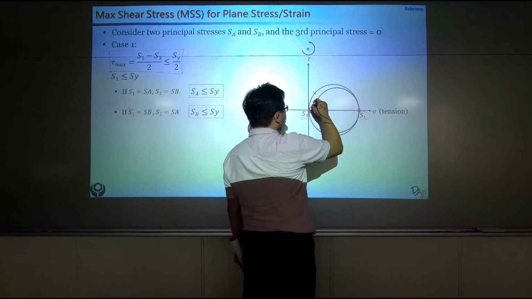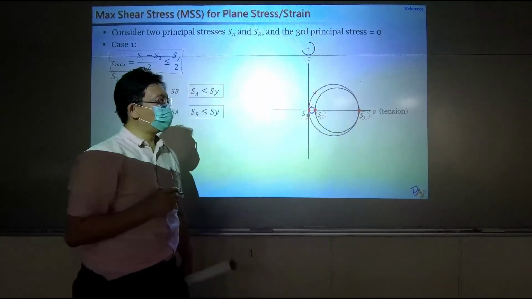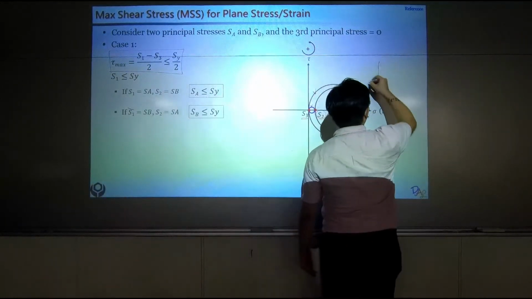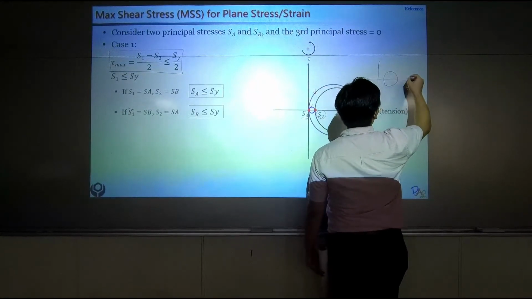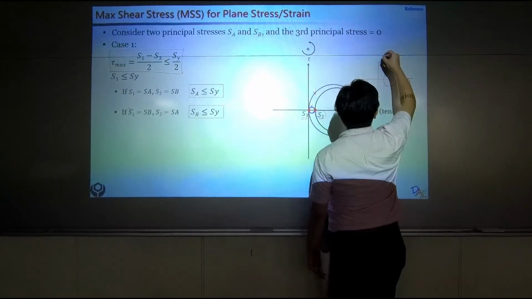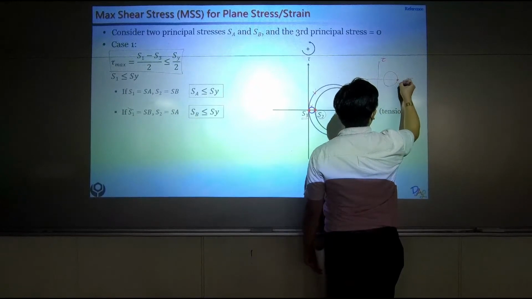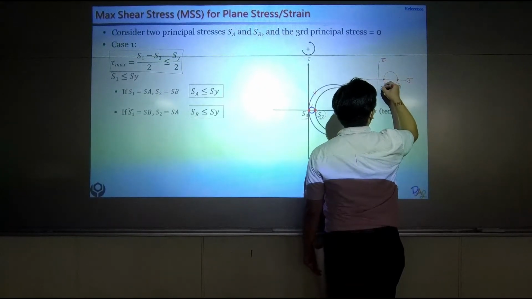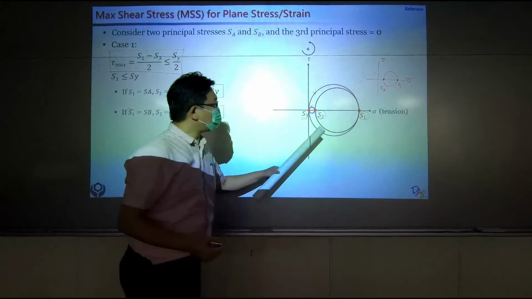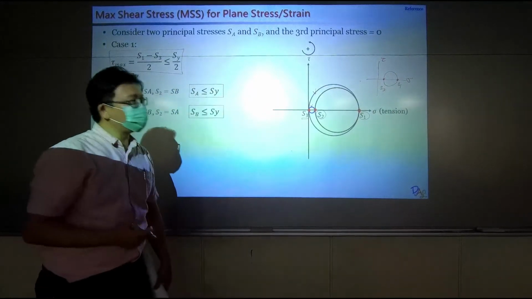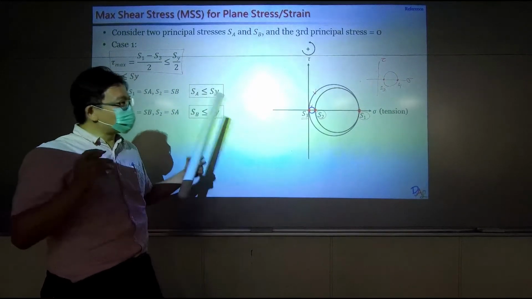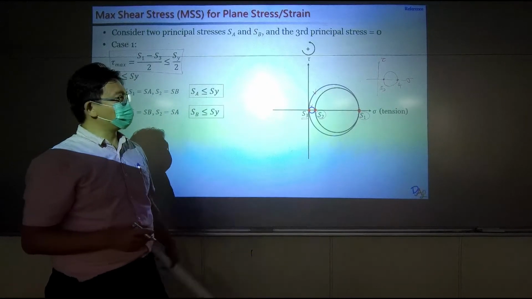this is what you usually don't draw. Usually for this 2D Mohr diagram, you only draw this. But my drawing right here is just to show you what happens if you consider this as a 3D problem.